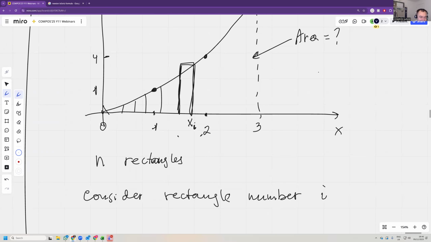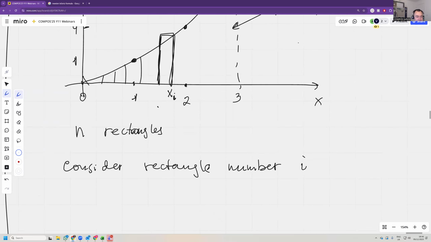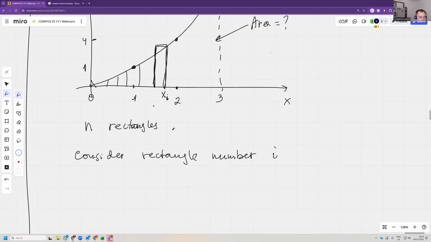So imagine a number i, the right edge. The right rectangle number i, the height of that rectangle is yi. The width is 3 divided by n, because there are n rectangles.